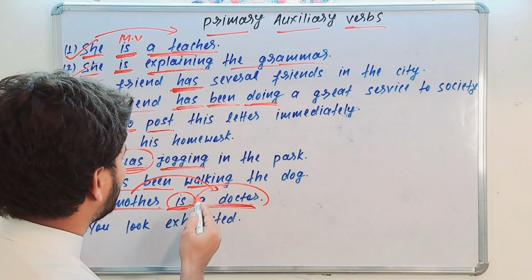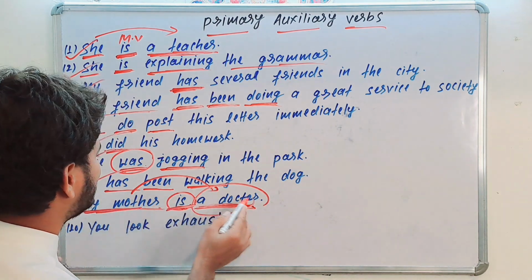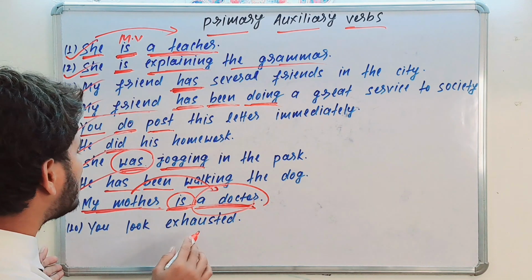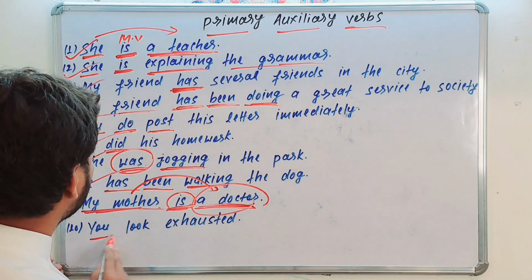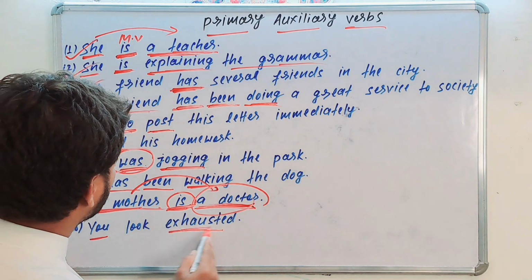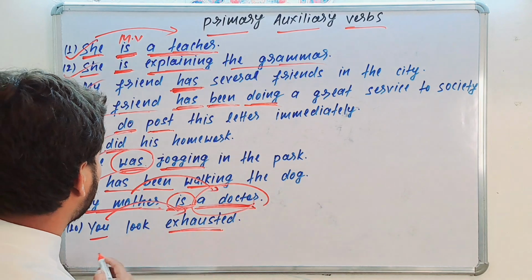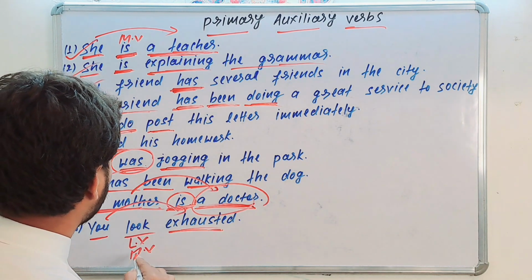This is a complement, and linking verbs join and link the subject to their complements. And this is also a main verb. You look exhausted. Again here, a complement. You look how? Exhausted. So this is joining the subject to the complement, so that's why this is a linking verb, and you can say main verb.